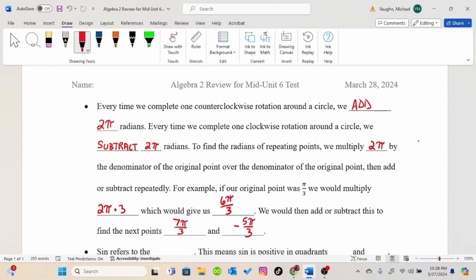So whatever your point is, take the denominator of that point and multiply it by 2 pi, and then place it over that denominator. Then you can just add and subtract that.